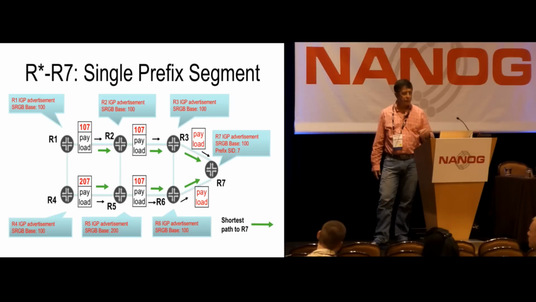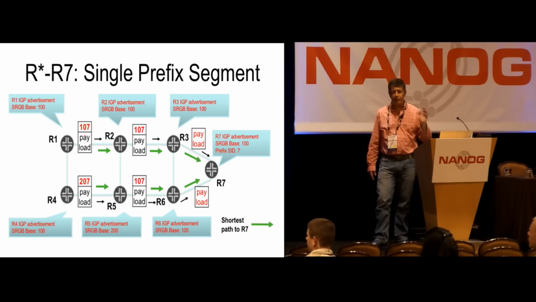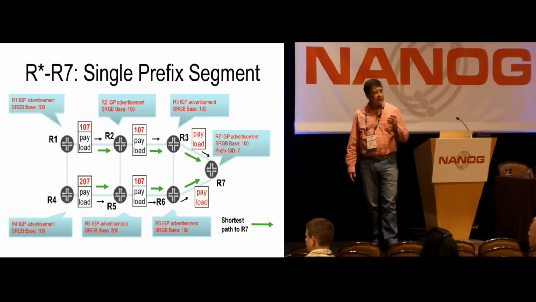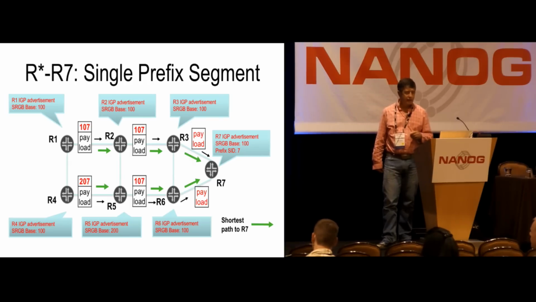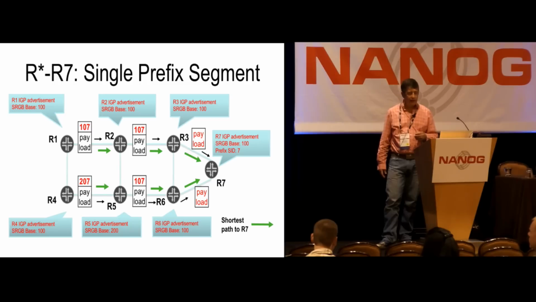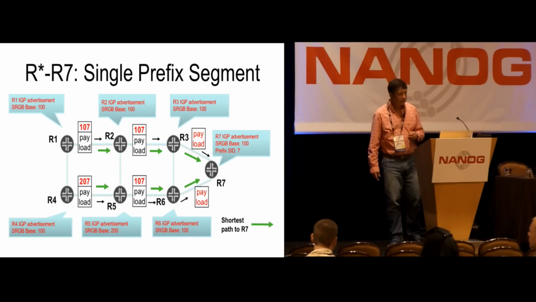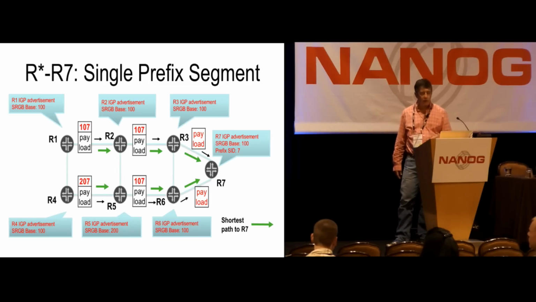Everybody who's not R7, R1 through R3 and R4 through R6, needs an SR path to get there. So let's take a look for a minute at what R1 does to build his SR path to R7. In this case, everybody begins their SRGB at 100.